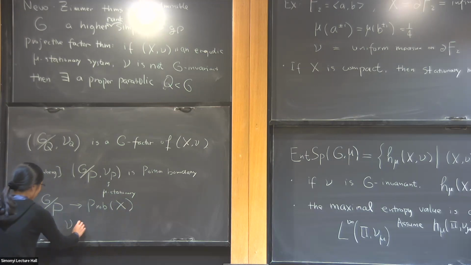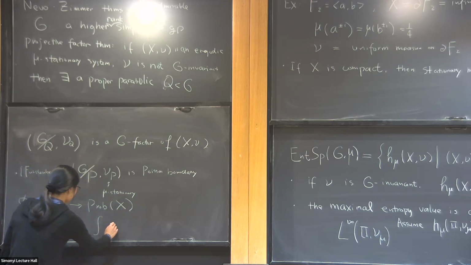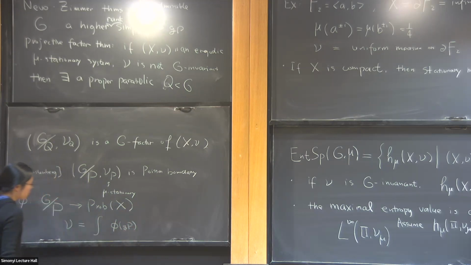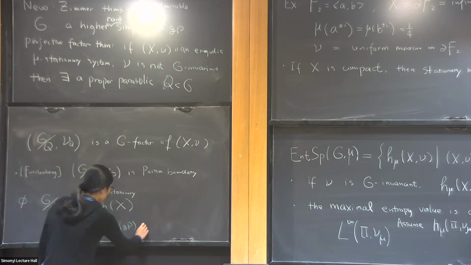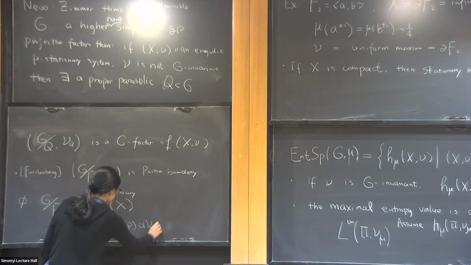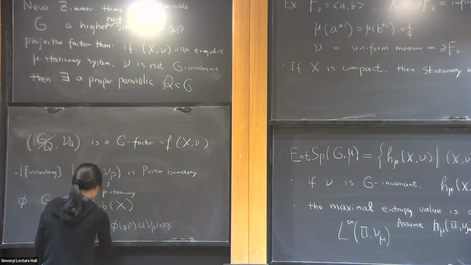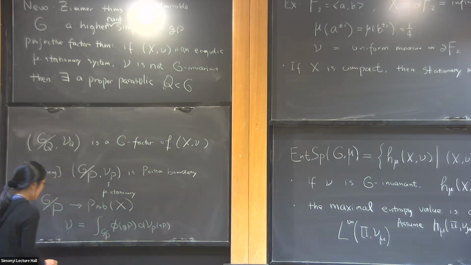So your nu is going to be decomposed into these. For each point on G mod P, you obtain a measure, and then if you integrate it back over G mod P, you get back your stationary measure. So this is the boundary map.